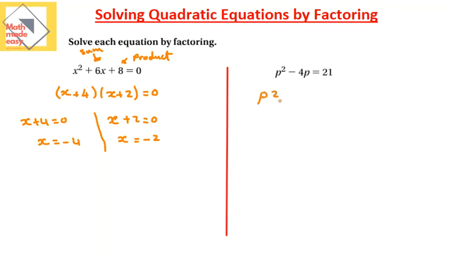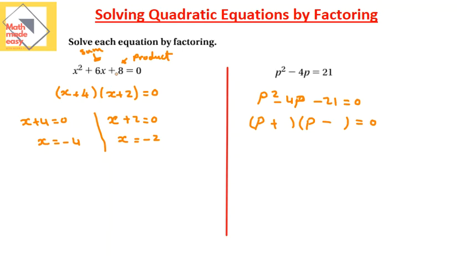So this is going to be b squared minus 4b minus 21 equal to 0, and we factor again. I want two numbers that I would multiply together to get negative 21. Well, if it's negative, then definitely they are of opposite signs.